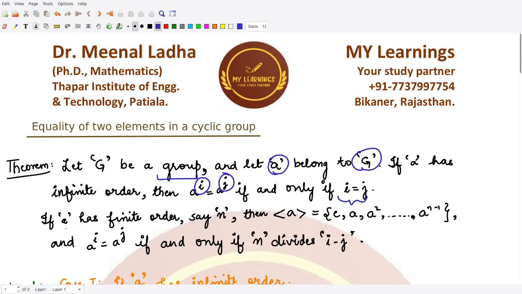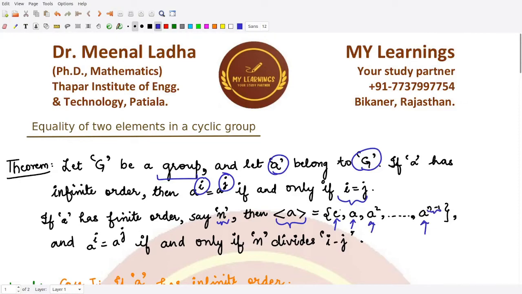And whenever this order is finite, say the order is equal to n, in that case the subgroup generated by A is this set. What is this set? It consists of the identity element, A, A square, and so on up to A to the power n minus 1, if n is the order.